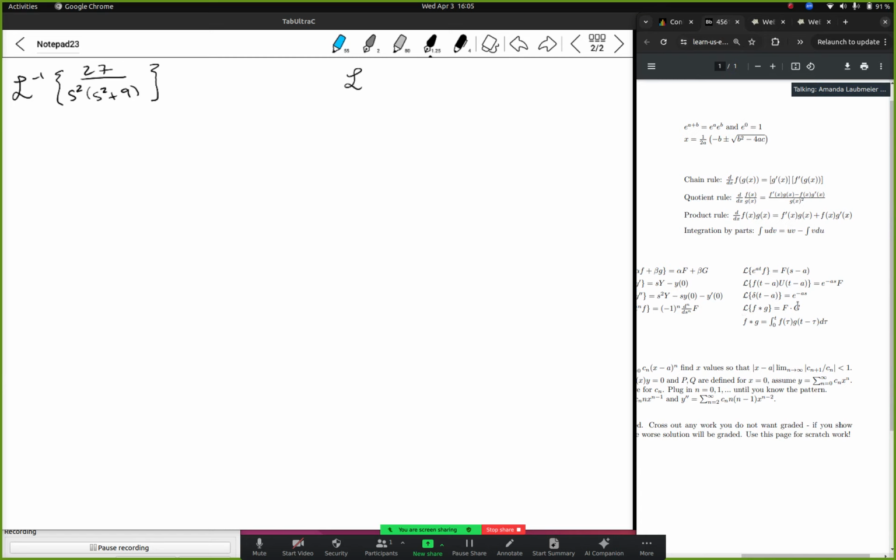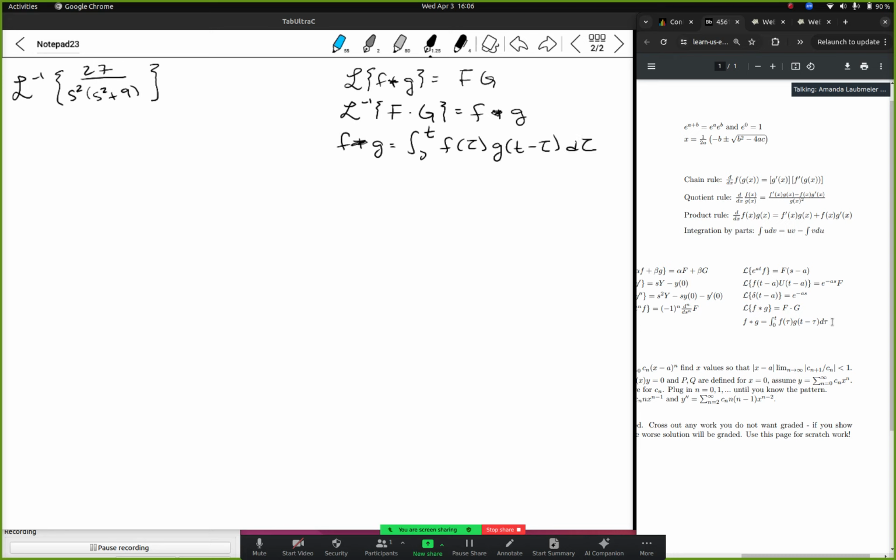So that's that L of f star g is F G, as it's written on your formula sheet, or in the form we'll need it, L inverse of a product big F big G is going to be f star g, where we also need to use this definition of convolution right here, that f star g is the integral from 0 to t of f of tau, g of t minus tau, d tau.